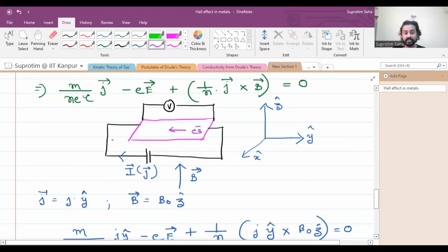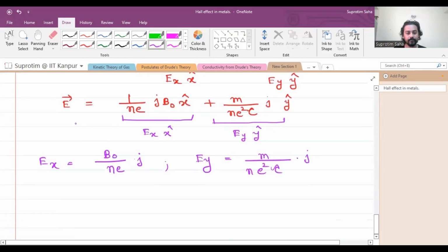Now what you get is that the electric field has two components, one along the x direction and the other along the y direction. The applied electric field was along the y direction. Now, after solving the equation of motion from Drude's theory, you get an electric field that has two components, along the x direction and the y direction.